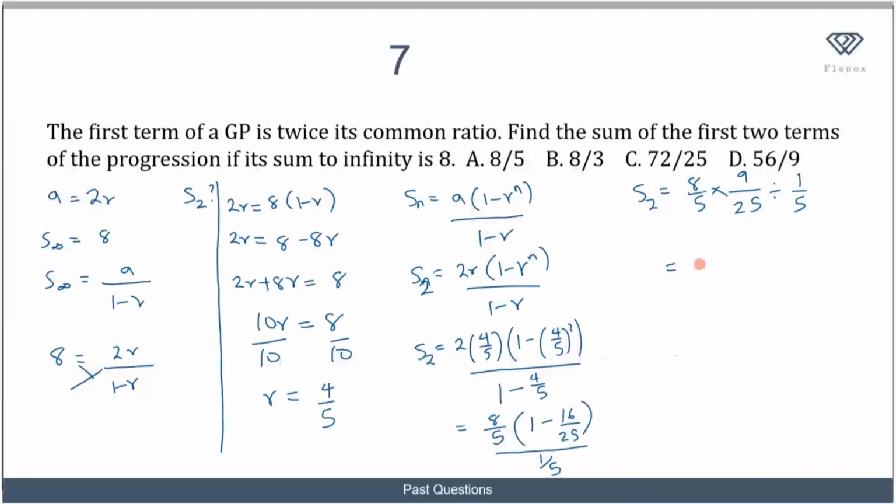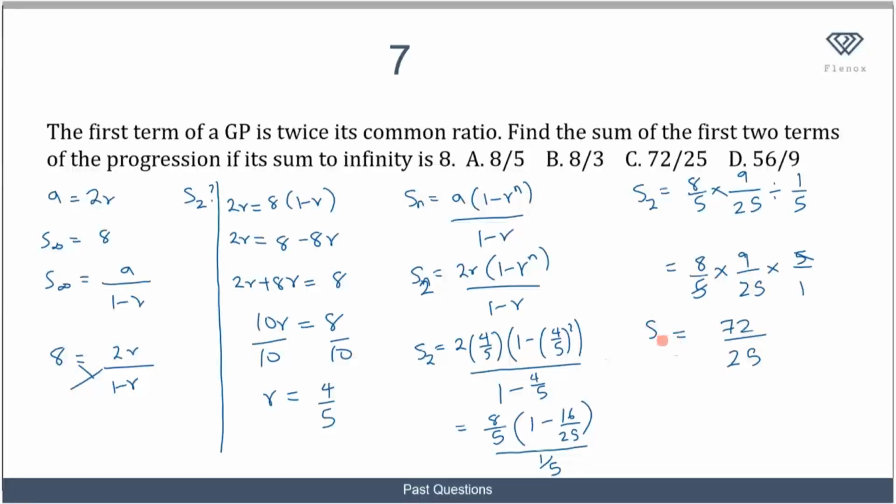So what does that become? That becomes 8 over 5 times 9 over 25, then if I want to change this divide to times, I multiply by the inverse. So 5 cancels out my 5, and I have 8 times 9, which is 72 over 25.